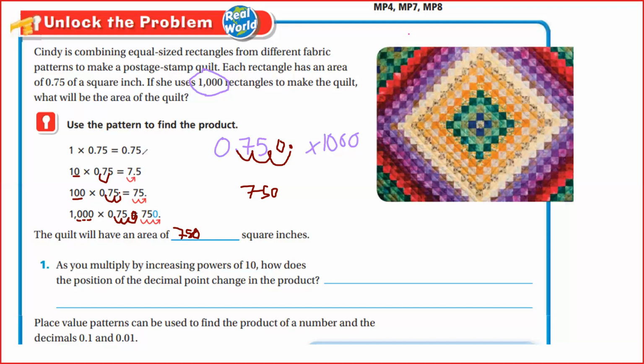It starts with 0.75, then 7.5, then 75, then 750. So will the number increase or decrease? Increase. So the product will be decreased. Increase, sorry.